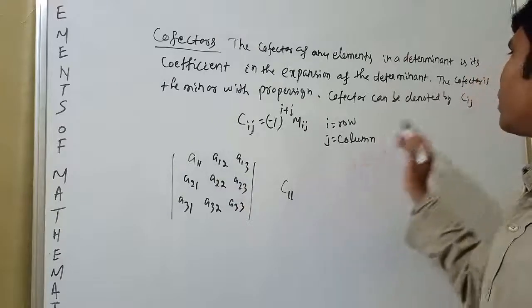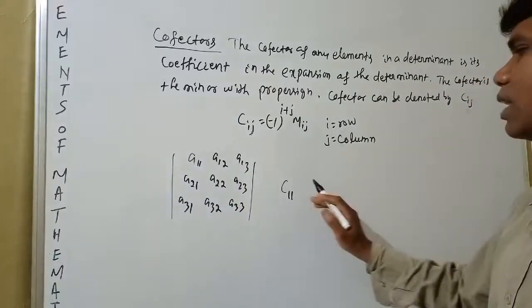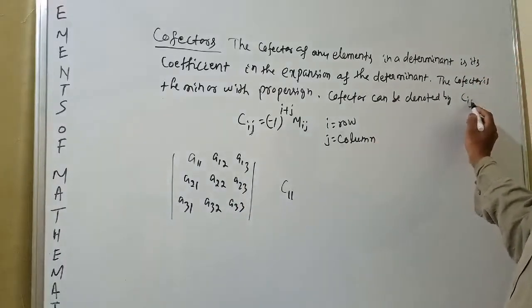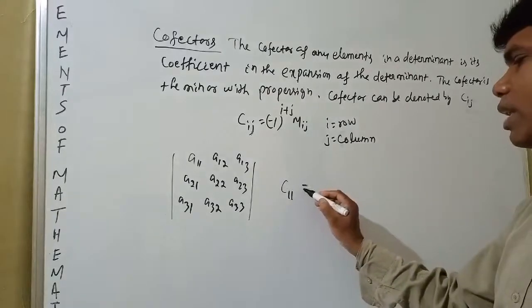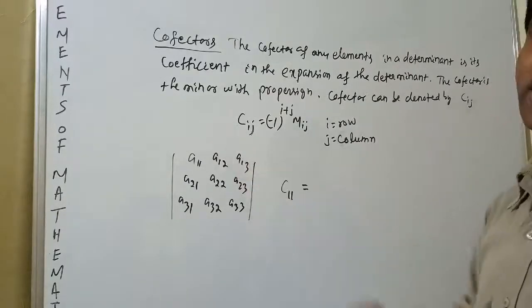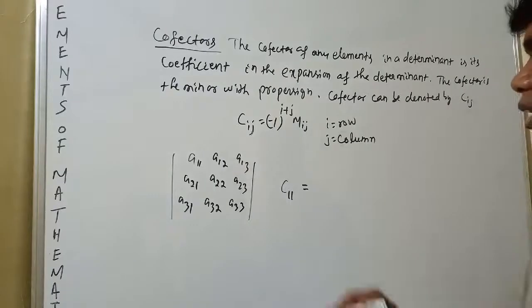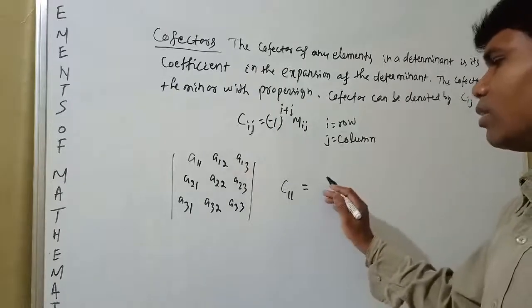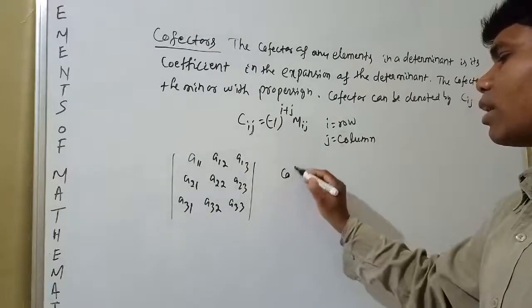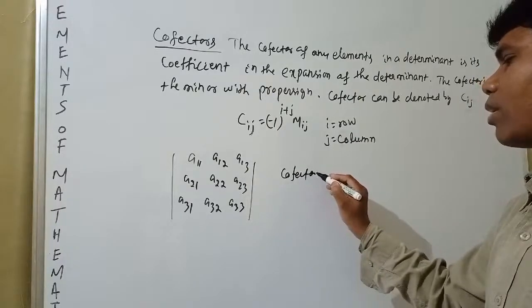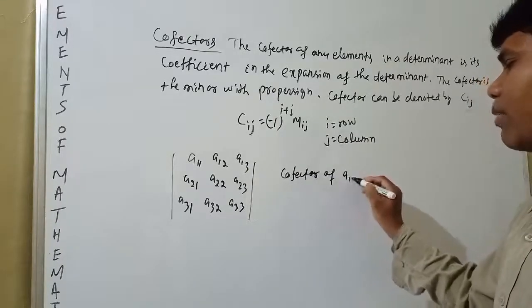Cofactor can be denoted by Cij, so C11 is the cofactor of element a11.